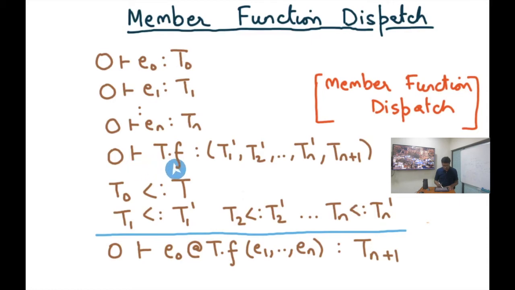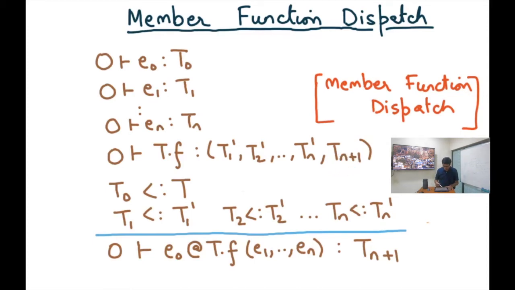Instead of f, I'm saying T dot f, which represents that f is a function of some arbitrary class T. And just like for function dispatch, I have a type signature for T dot f, which is T1 prime, T2 prime, Tn prime, and Tn plus 1, meaning that it takes n arguments of types T1 prime, T2 prime, Tn prime, and returns a value of type Tn plus 1.